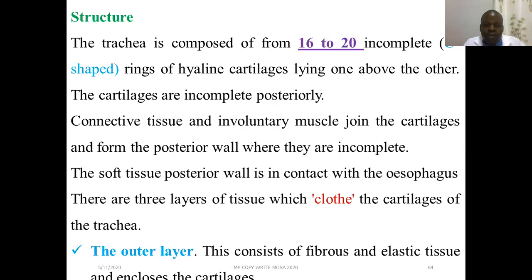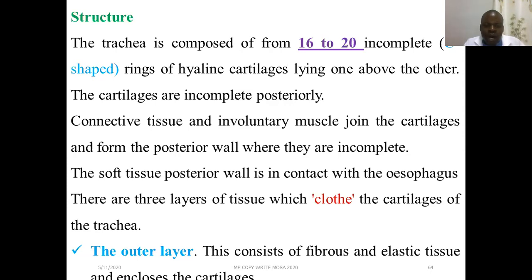There are 3 layers of tissue within the cartilages of the trachea. The first one is the outer layer. This consists of fibrous and elastic tissue, and it encloses the cartilages.